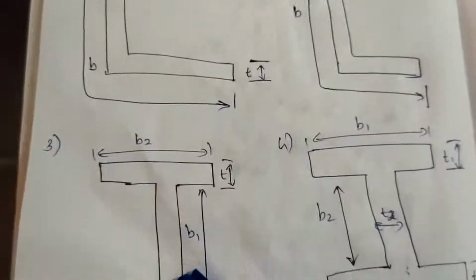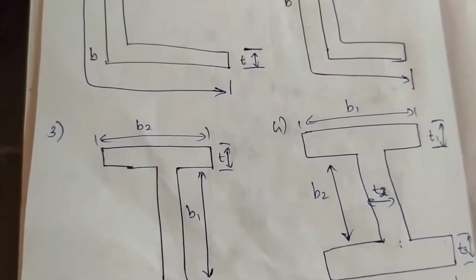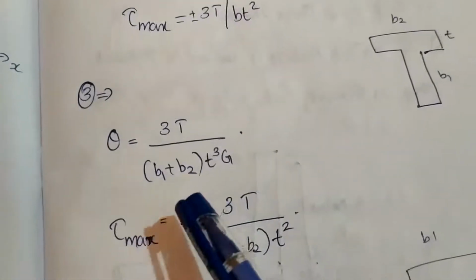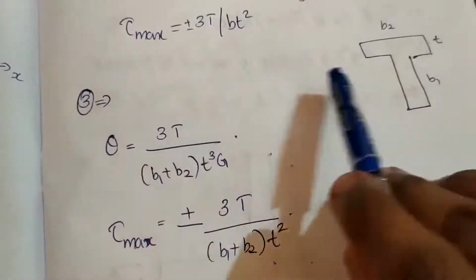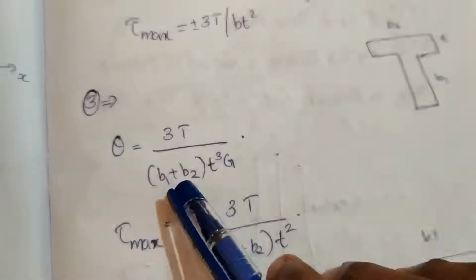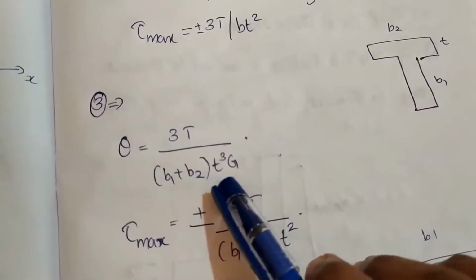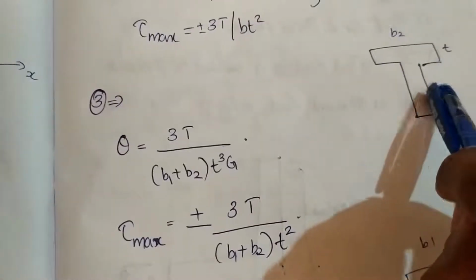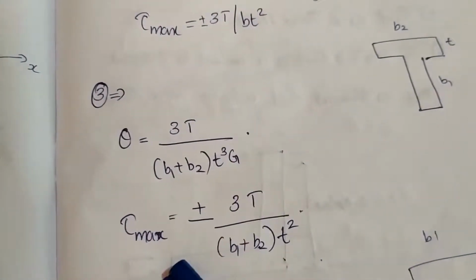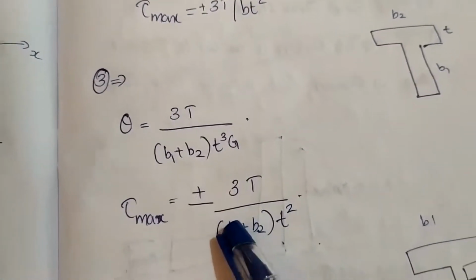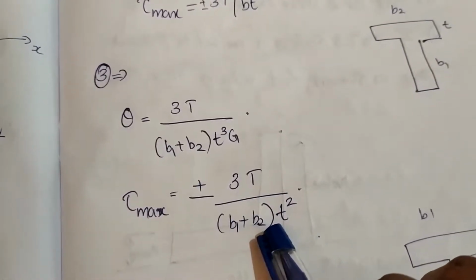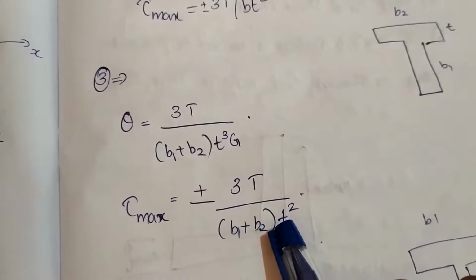Now in the T section and I section, it is different. For the T section, theta is given as 3T by, instead of B, you are going to add B1 plus B2, into 2 T cube G. And the tau max equation also becomes, instead of B, you add B1 and B2.